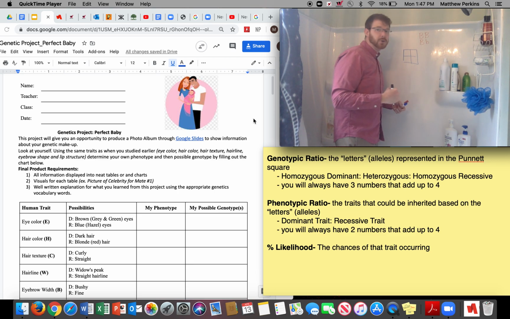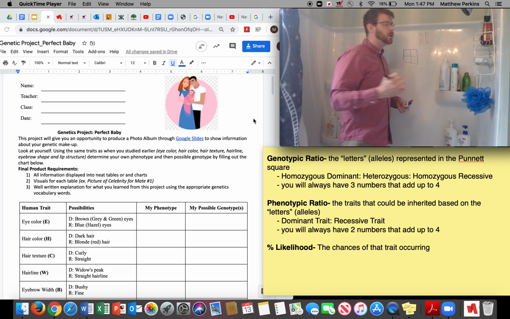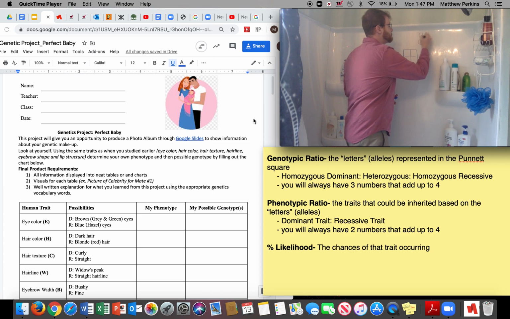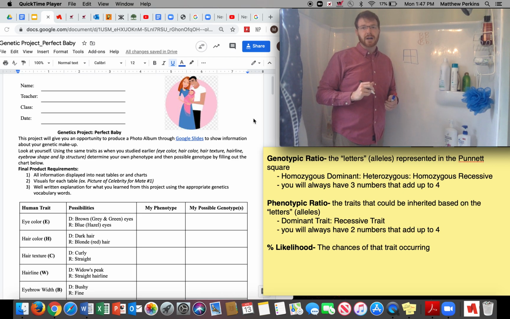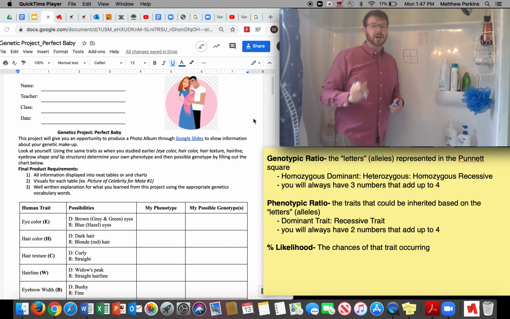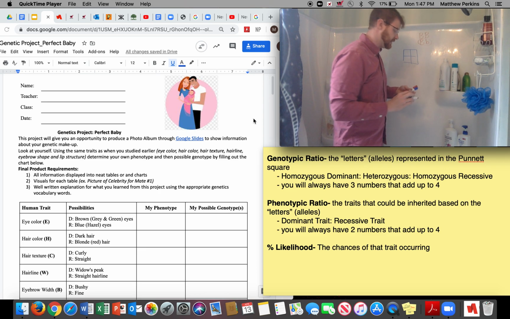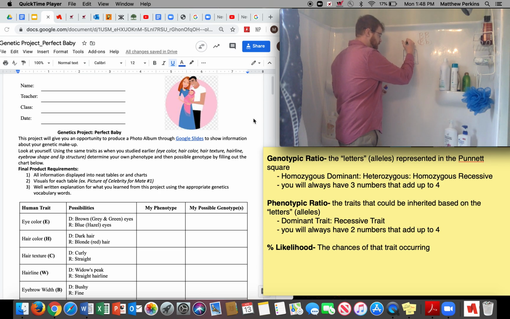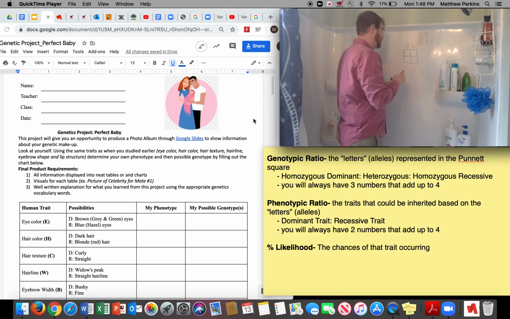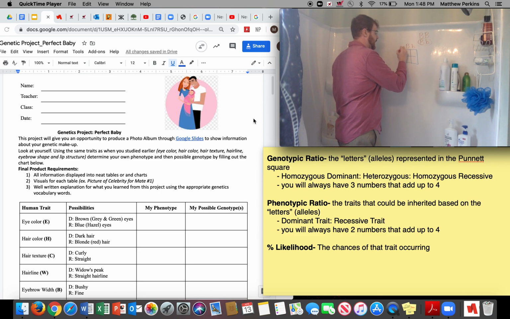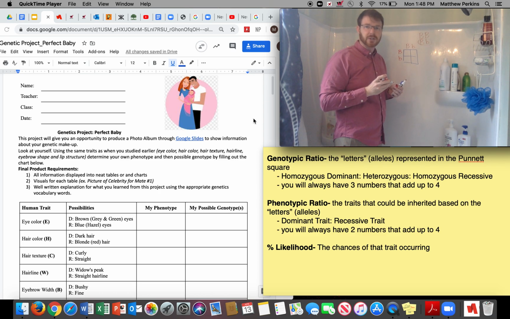So what you are all going to do is assume that all dominant traits are heterozygous. So when you are creating your own Punnett squares, you're going to assume that all of these traits are heterozygous. So for my mom, we're going to say that she's a capital B, lowercase b. And then for my dad, we'll say that he is a capital B, lowercase b also.